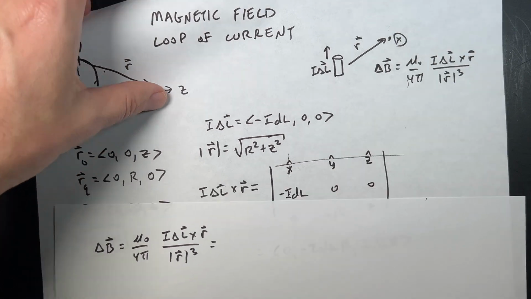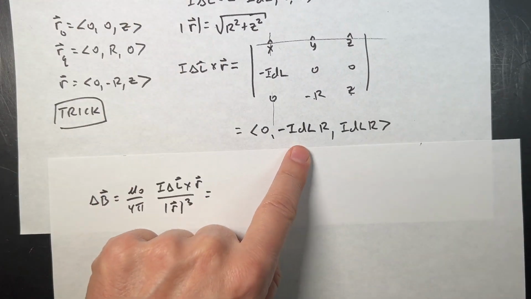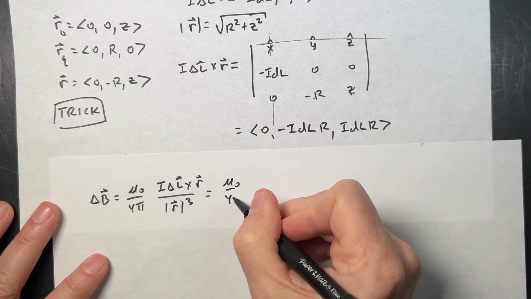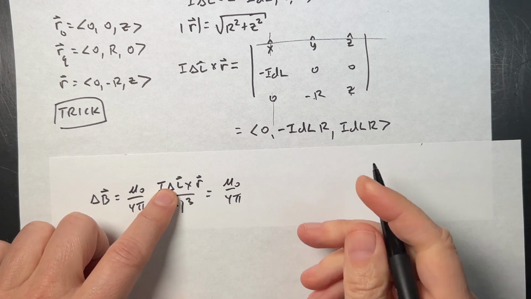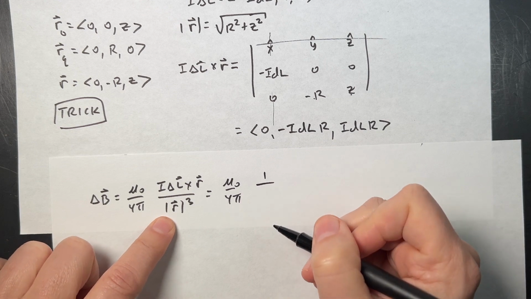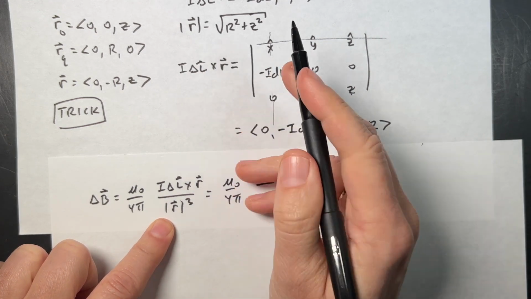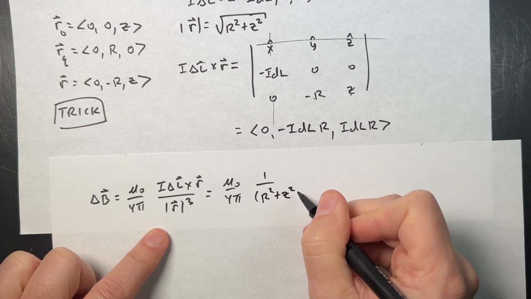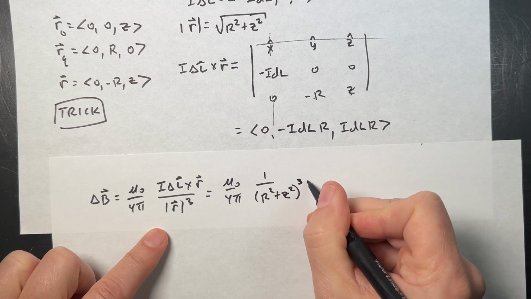Okay, so that's that. So I'm going to write mu naught over 4 pi. And then I'm going to hold this off because it's a vector. I'm just going to put 1 over this cubed. So that's going to be r squared plus z squared, square rooted cubed, which is to the 3/2.